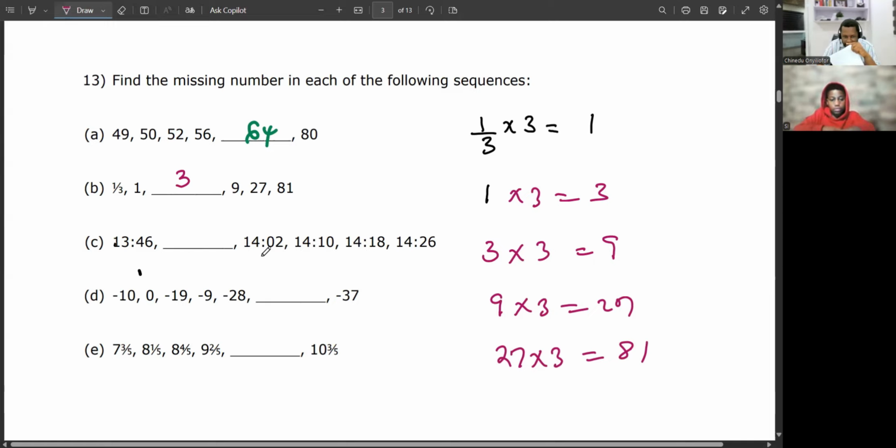Let's look at this. 02 to 10 is how many minutes? That's 8 minutes. And 10 to 18 is how many minutes? 8 minutes. And 18 to 26 is how many minutes again? 8 minutes. So it's going up in 8 minutes, right? So you can tell what time will be here.